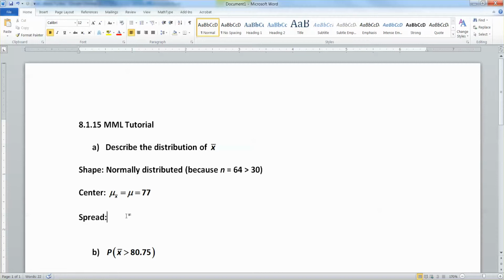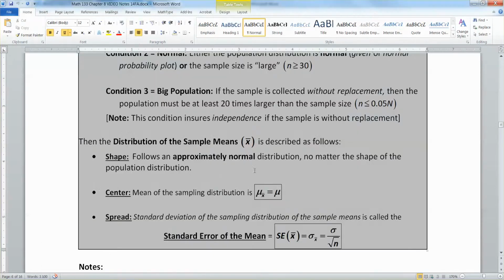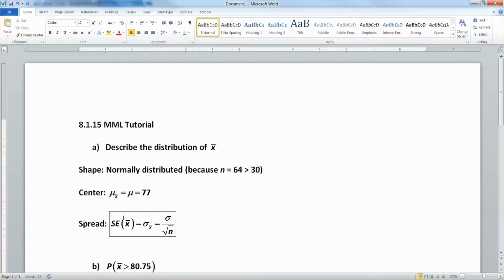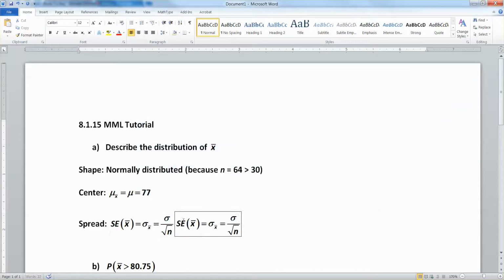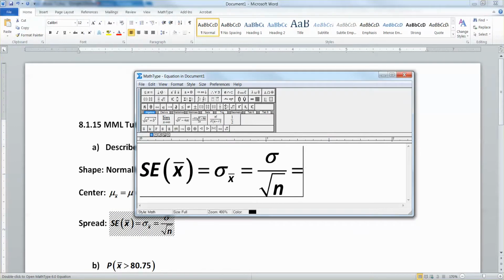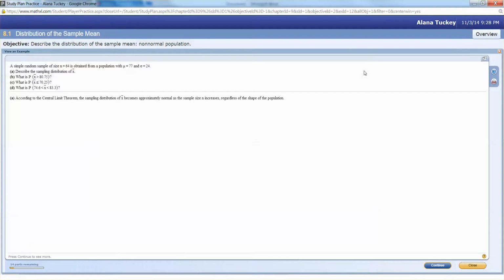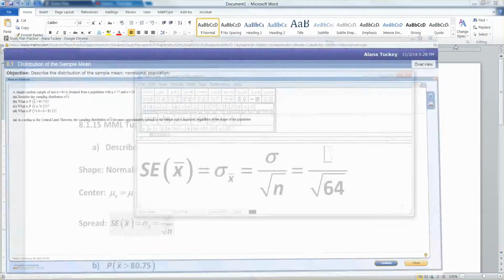Then the spread for your normal distribution is sigma sub x bar, which, if you'll recall, is this formula, standard deviation divided by the square root of n, which is called the standard error. So the standard error is sigma sub x bar, which is sigma over the square root of n. Well, I know that n is 64, and sigma was given to us as 24.